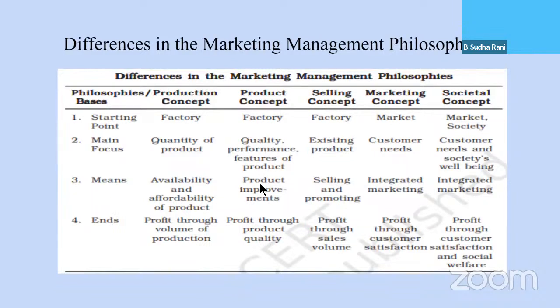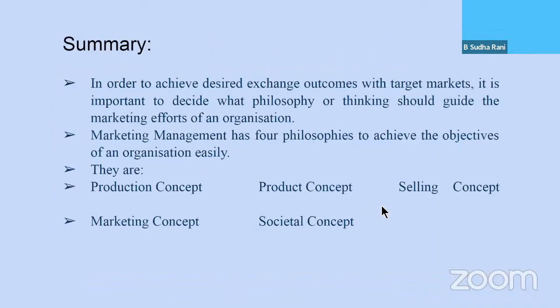The product concept is based on quality, whereas the marketing and societal concepts earn profits by building customer satisfaction. That's about the similarities and differences between the production, product, selling, marketing, and societal concepts.